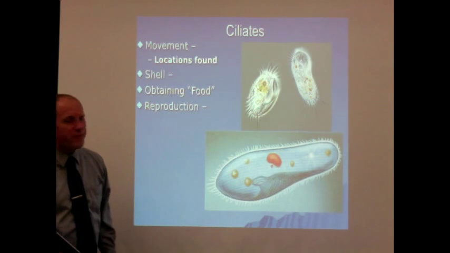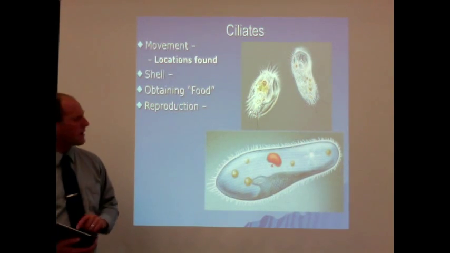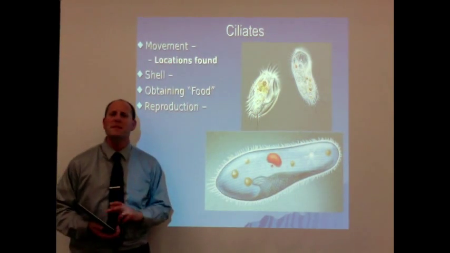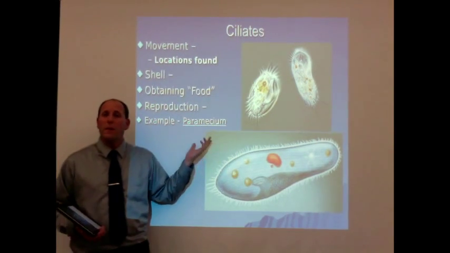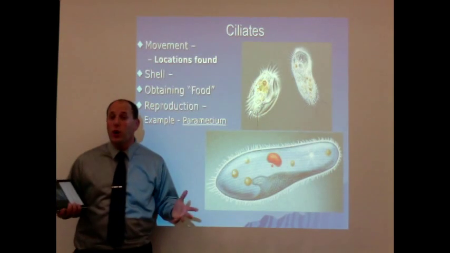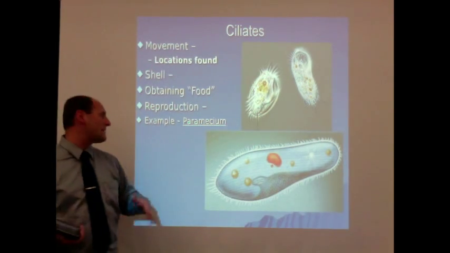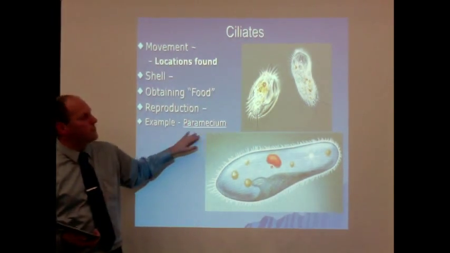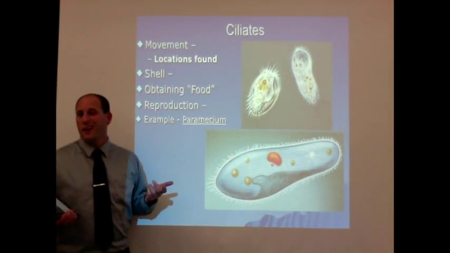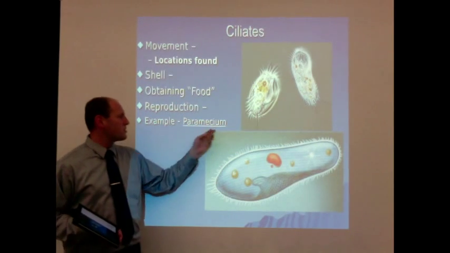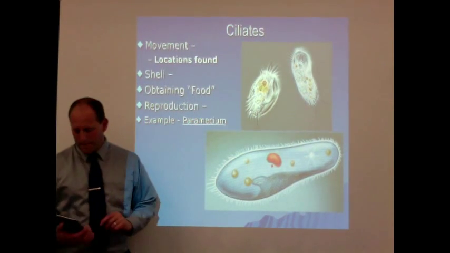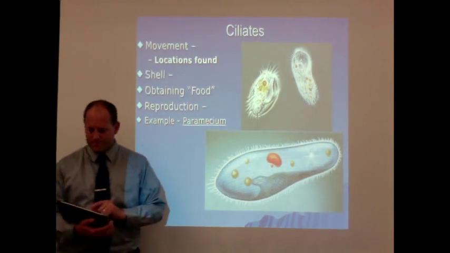The most common form for these particular organisms is called a paramecium, which is one that many people have heard of before, because the paramecium is very common in freshwater. So we will actually have an opportunity to take a look at that paramecium.